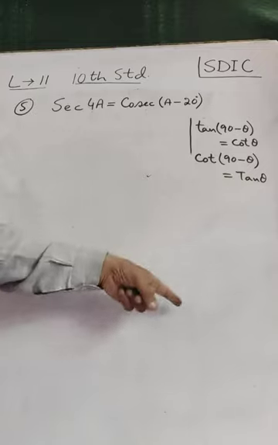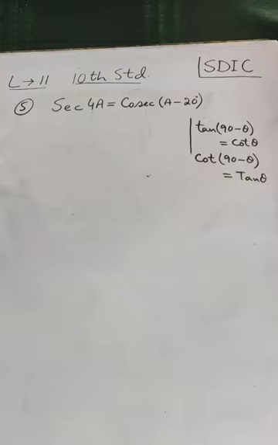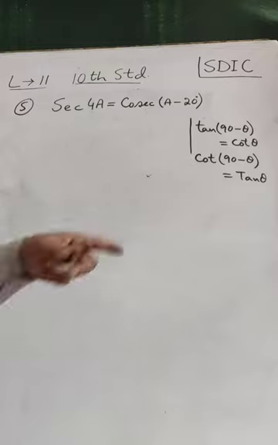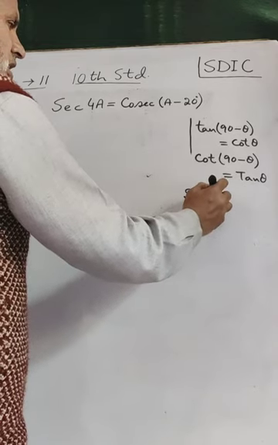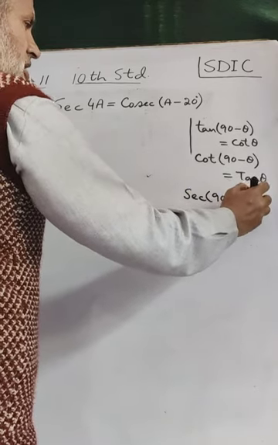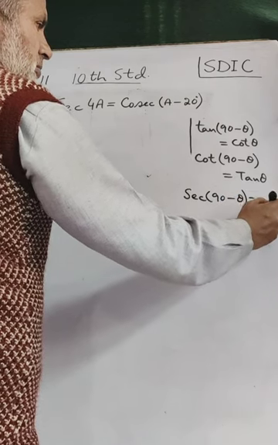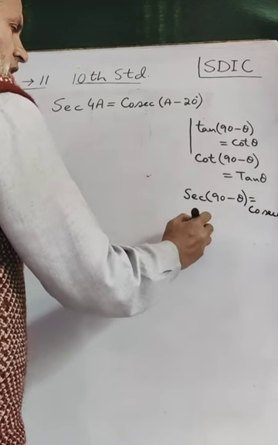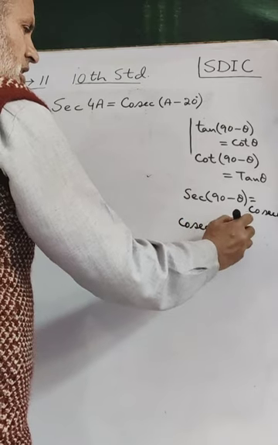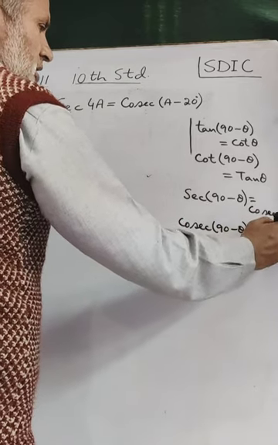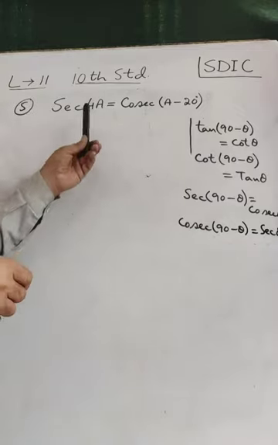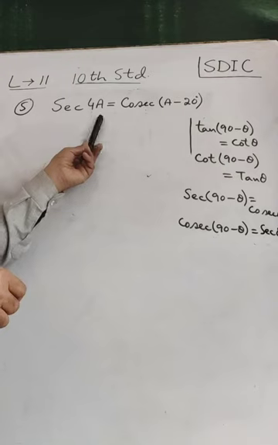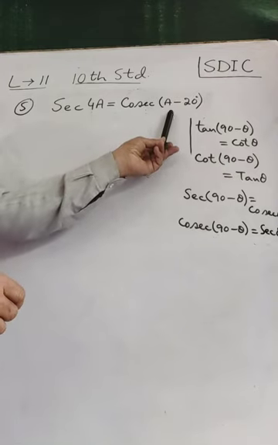Therefore, out of those 6 complementary relations, you have to use the ones involving sec and cosec. There are 2 such relations I will write here on the board. The first one is sec 90 minus theta is equal to cosec theta, and the second one is cosec 90 minus theta is equal to sec theta. Then you have to make a choice out of the 2, because again we have in the given relation on one side a monomial angle, on the other side a binomial angle.